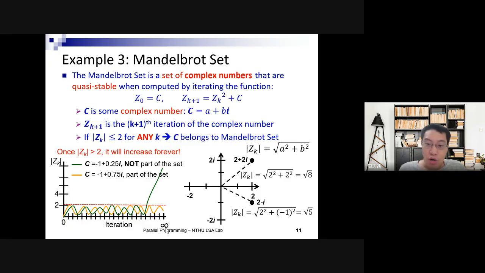So in your homework two, or in reality, usually we have a max iteration. If your distance stays within two until you reach the maximum iteration, then we determine this complex number as a member of the Mandelbrot set. So this is the definition of a Mandelbrot set.